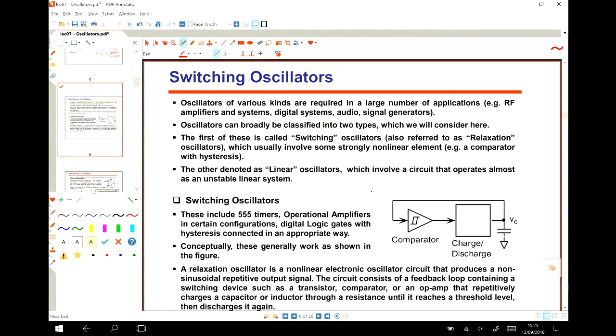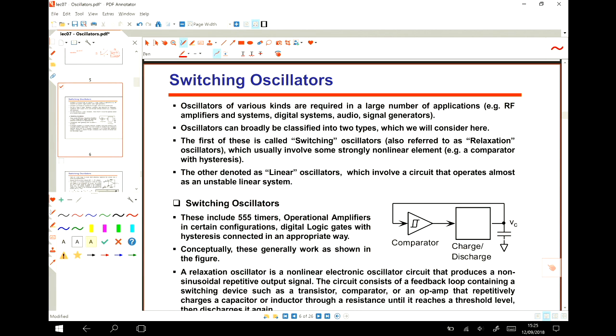So the first type of the oscillators that we are going to cover is the switching oscillators. Switching oscillators usually use negative feedback. Although we use negative feedback most of the time for controlling the system, there are situations where we can use negative feedback and this negative feedback leads to an oscillation.